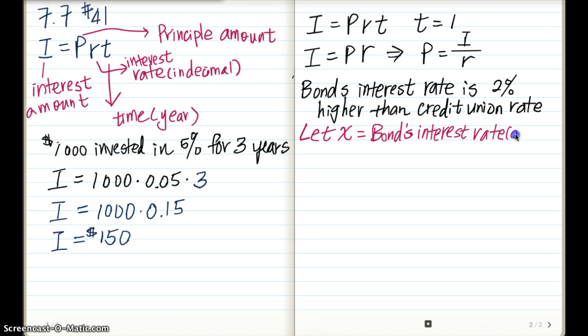And I'm going to talk about this in decimal notation. It will just make your calculation a little easier. Then if that's X, then X minus 0.02 will be the credit union interest rate, right?